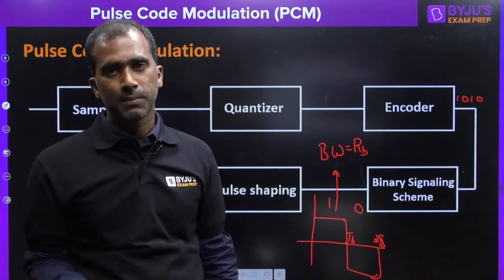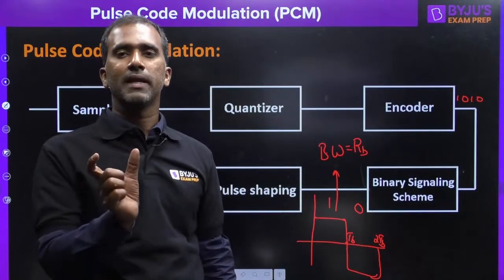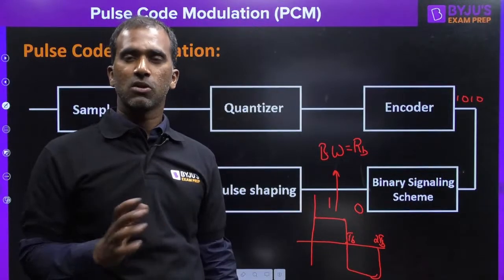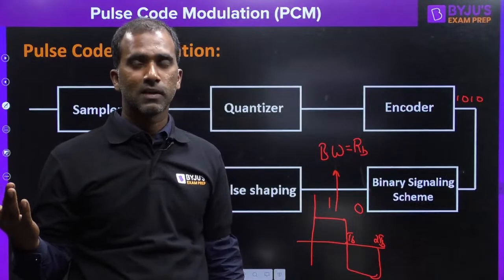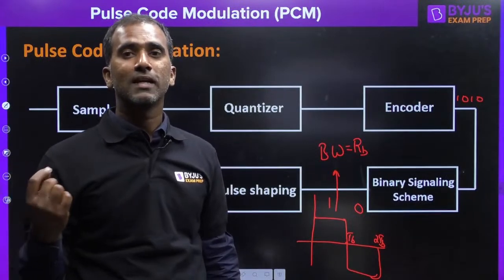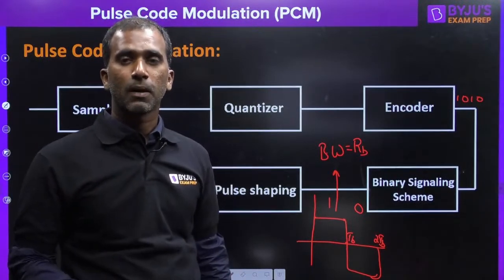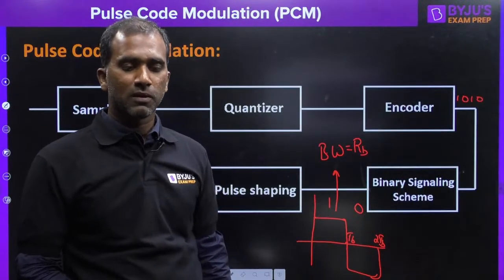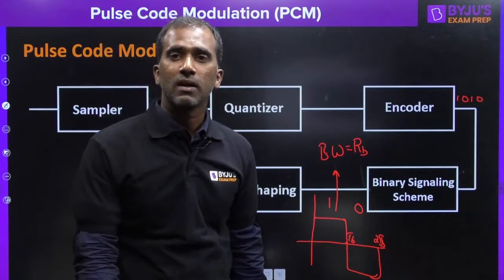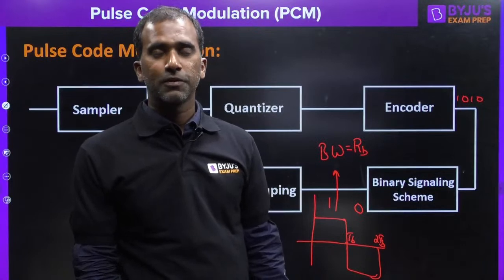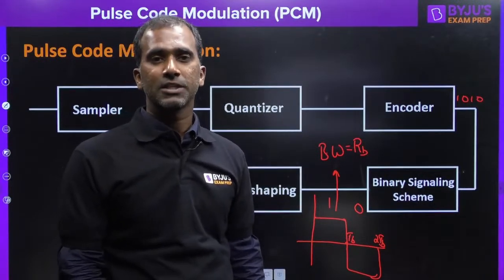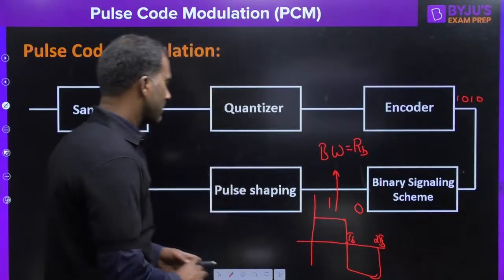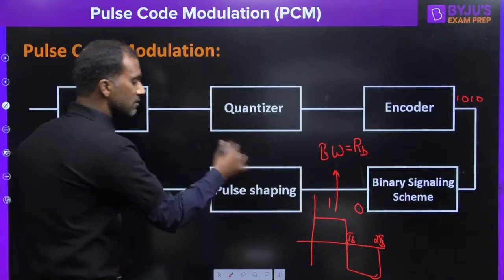We can use other shapes also, but care should be taken while we are designing the shapes. It's not like any shape we can use. It will create some other problems, called intersymbol interference. If you don't want that problem, we have to use properly designed shapes, and that is pulse shaping.